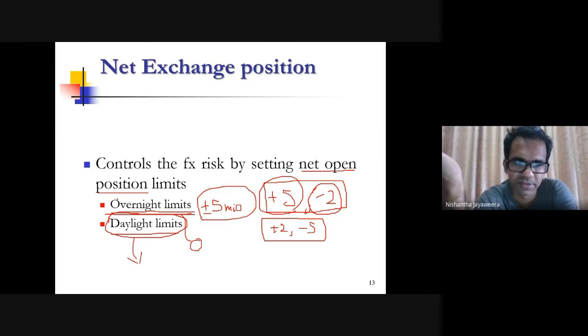Again, that depends on the bank policy. However, if the daylight limit is higher than the overnight limit, by the end of the day you should bring your position within the overnight limits. During the daytime, you can keep it within daylight limits. Is it clear?